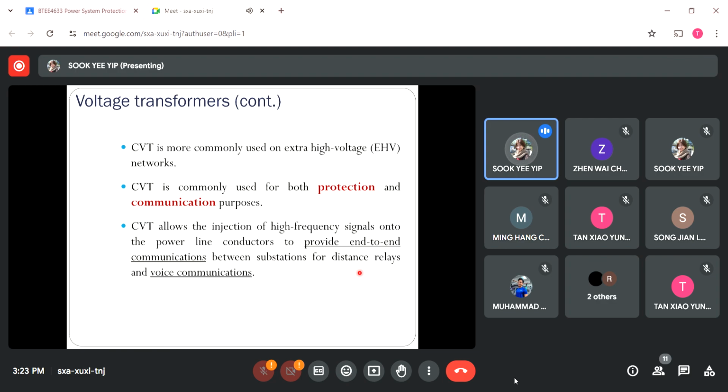We can use this CVT to measure the situation of this power line, and at the same time, due to the injection of this high frequency signal, it allows us to use it for voice communications as well. Okay, those are the functions of the CVT.